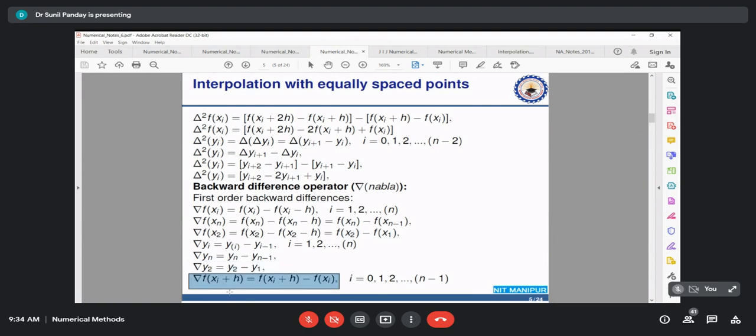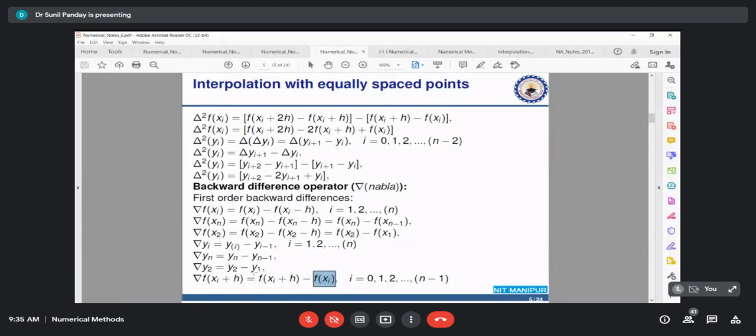Some authors define this in this way also: nabla of f of xi plus h equals f of xi plus h minus f of xi. Because when we are applying backward, we write directly the function at xi and then minus the value of f at xi minus h. But here, instead of xi we have xi plus h. So nabla of f of xi plus h is equal to f of xi plus h minus f of xi.